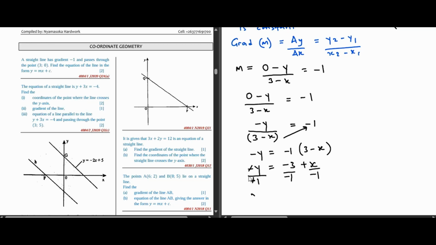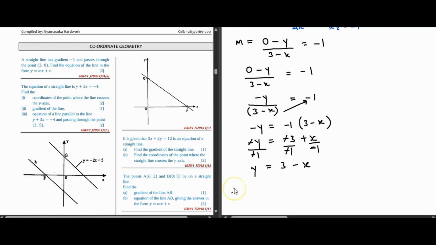Maminus aya kuchekana kuchosara na y kunoku equal to maminus aya anochekana panapa yava 3, but minus 1 into x inova minus x like this. Tasvika tese. Then finally, therefore, y is equal to, yakati in the form y is equals to mx plus c. Saka tofunga kutangana na x minus x plus 3. This will be the final answer.